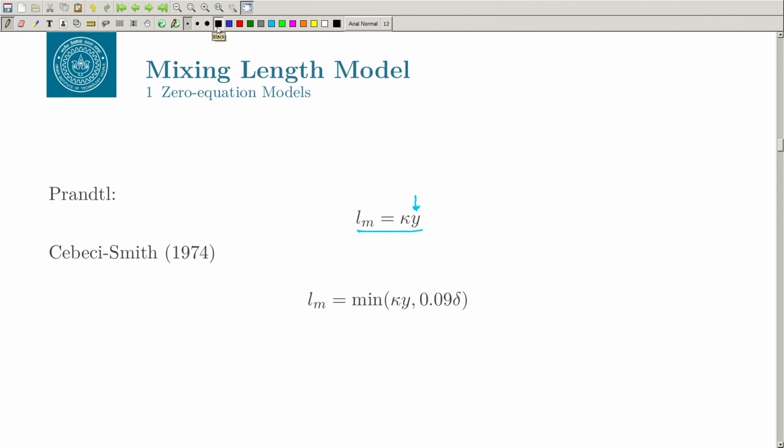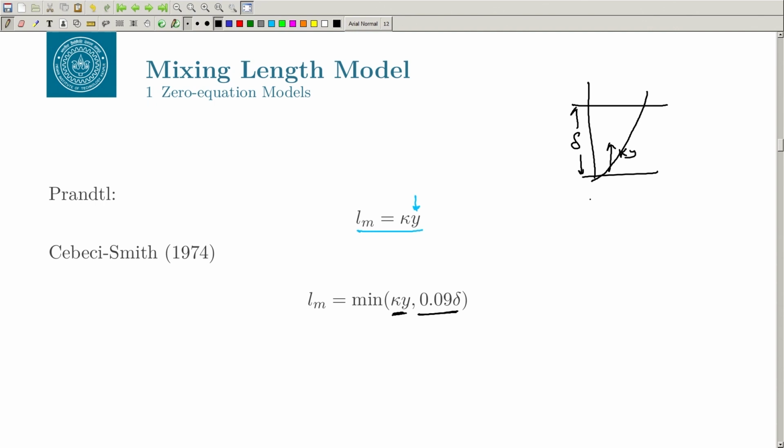So what Cebeci and Smith said is that maybe it is a better idea to take the minimum value of kappa y and something from the boundary layer value. So if you have a shear layer like this, you have this gradient coming, this is kappa y, and let us say this is your boundary layer thickness, which is delta.